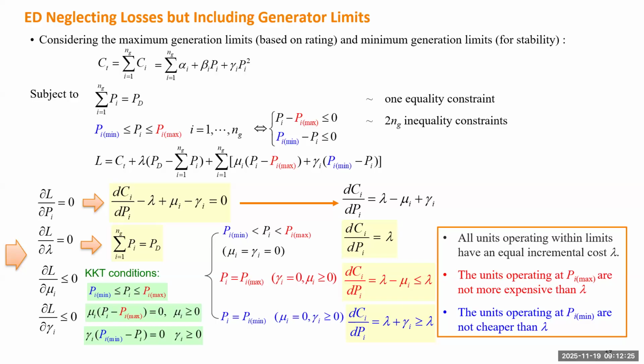So inequality constraints will also be addressed by adding the Lagrange multipliers, but we need to consider the KKT conditions because sometimes the multiplier needs to be considered in the Lagrange function as one additional dimension.